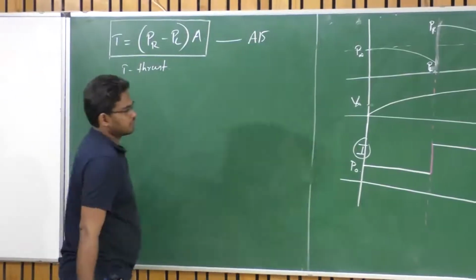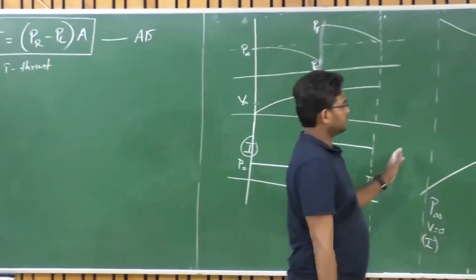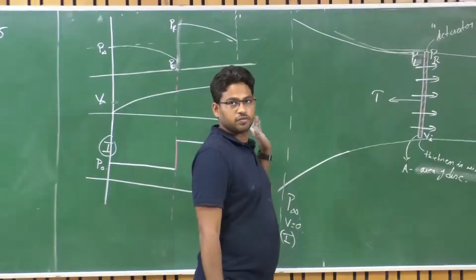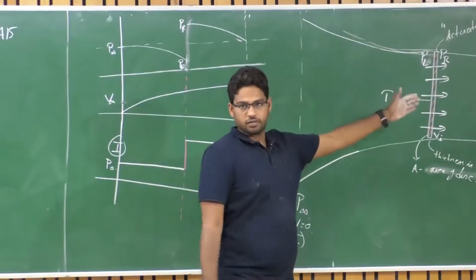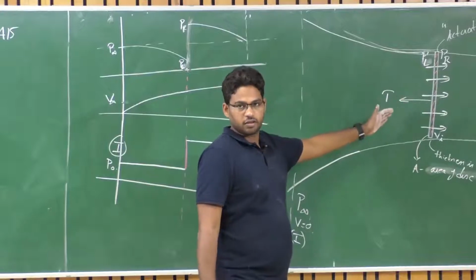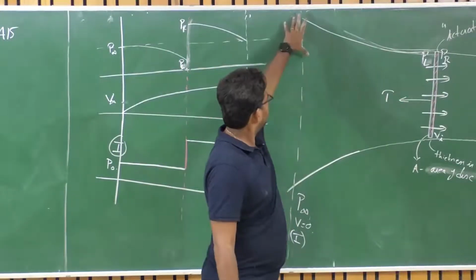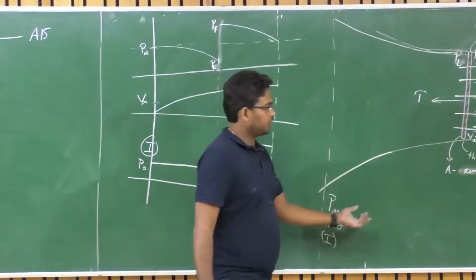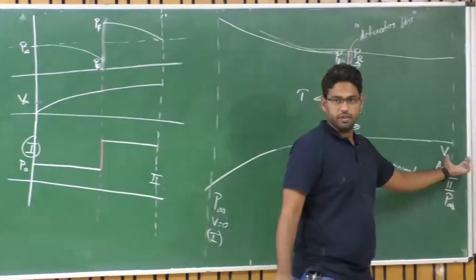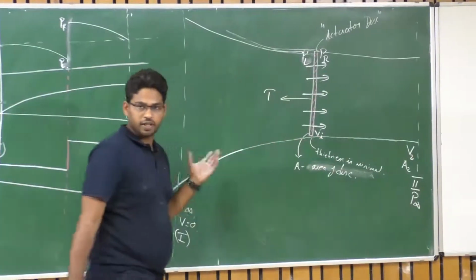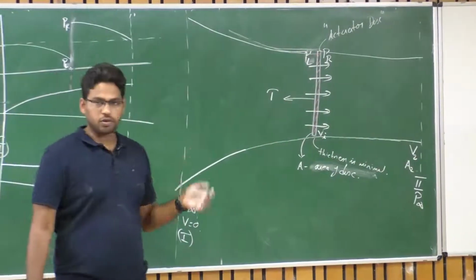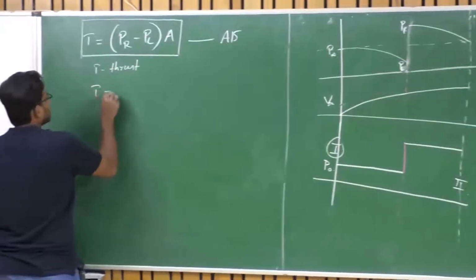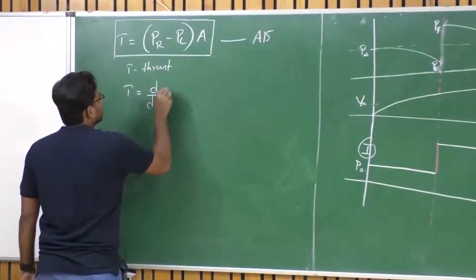And so what's happening here? There is a force that is generated here, right? Isn't it? Because of the flowing mass of air. Am I correct or not? So this mass of air is entering this stream tube at a velocity V0, right? And leaving this stream tube at a velocity V2. That means there is a change in momentum. This change in momentum is what is going to create this force. Am I correct or not? This can also be related by this.